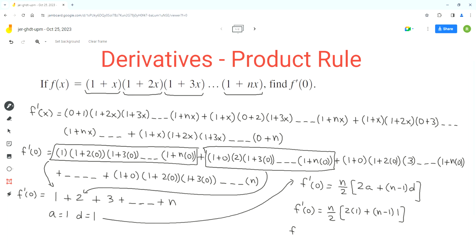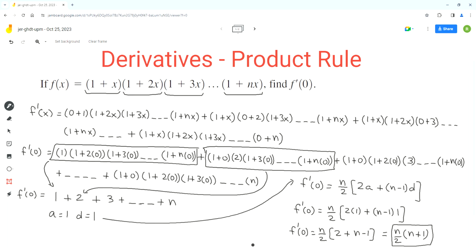And this can be reduced to f prime at 0 equals n over 2 times 2 plus, now n minus 1 times 1 is just n minus 1, and this expression can be reduced to just n over 2 times n plus 1, because 2 minus 1 is equal to 1. So this should be the final answer for the derivative of this given function at x equals 0.